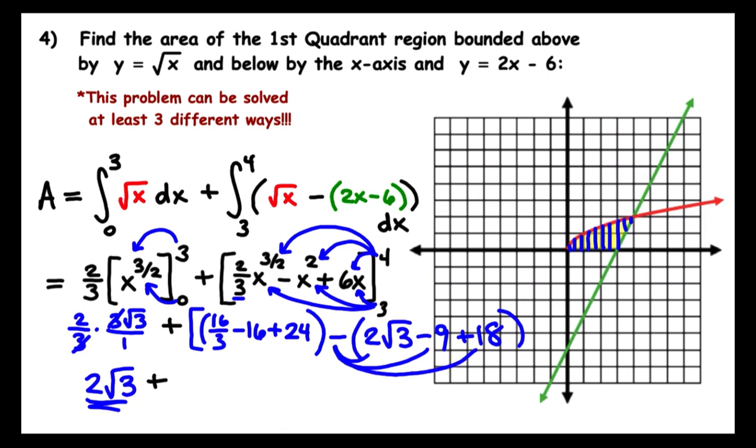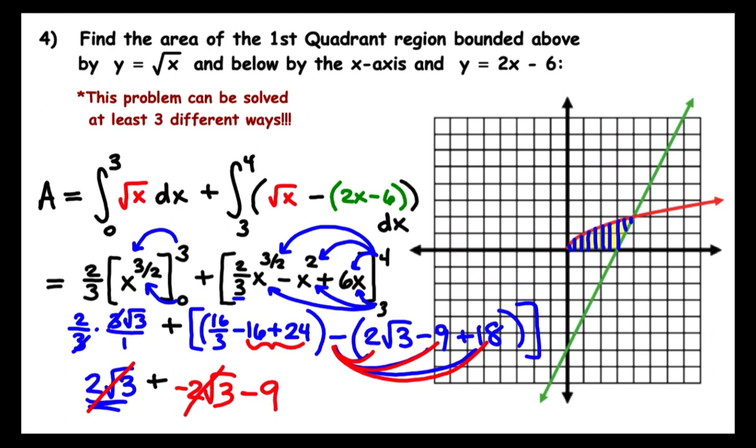So let's see what we have here in our second part. All right, I've got minus 2 rad 3, which is fabulous because those cancel. All right, I've got a plus 9, and I have a minus 18. That's going to combine to make minus 9.